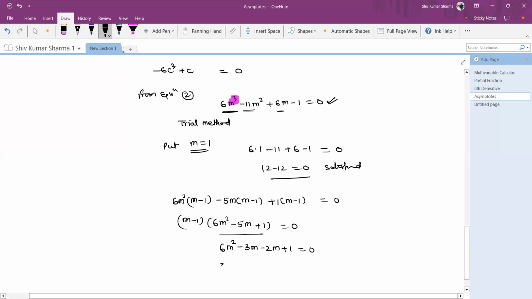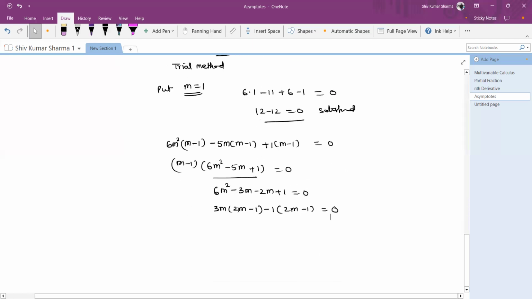So here we take 3m as common, so 3 times 2 gives 6m, 2m minus 1, and minus 1 we take as common, 2m minus 1 is equal to 0. So we get the factors as 2m minus 1 and 3m minus 1 is equal to 0.